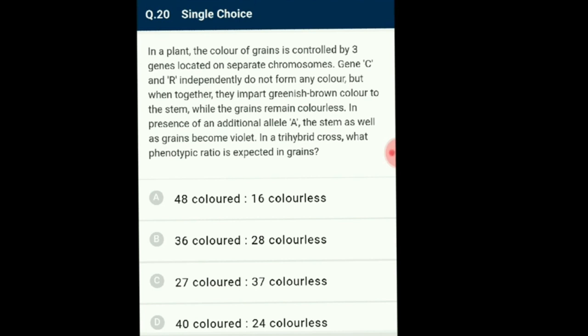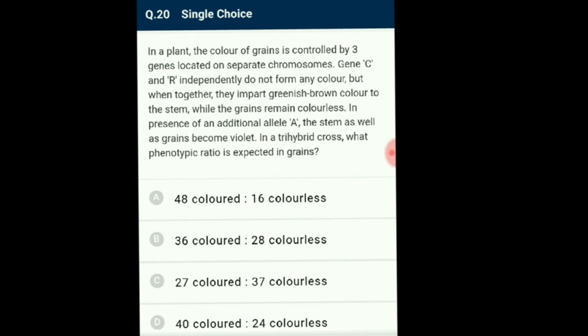In a trihybrid cross, what phenotypic ratio is expected in grains? According to the data given, colored seed can be produced in a plant only when the genotype has at least one dominant capital C, one dominant capital R gene and one dominant capital A gene, that is C, R, and A.